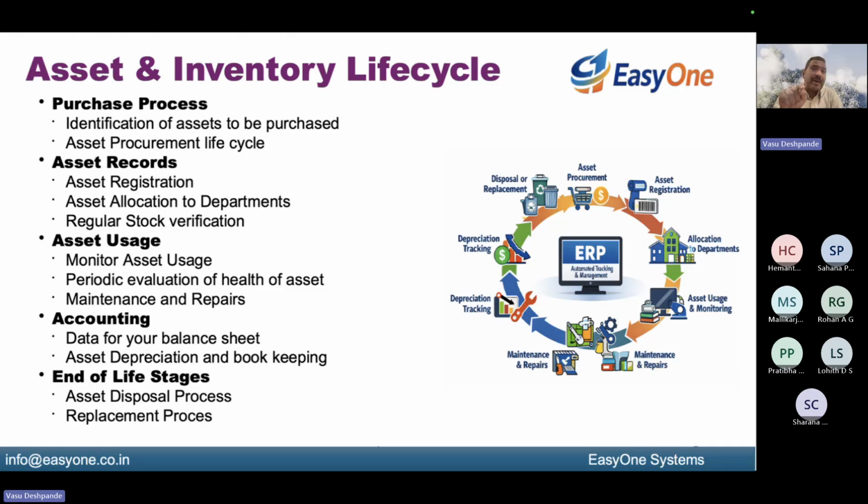Because inventory management really is a backbone of your actual assets, it requires very high prominence in making sure that your ERP system, the Easy One system, provides all these things, and you implement this for your organization.